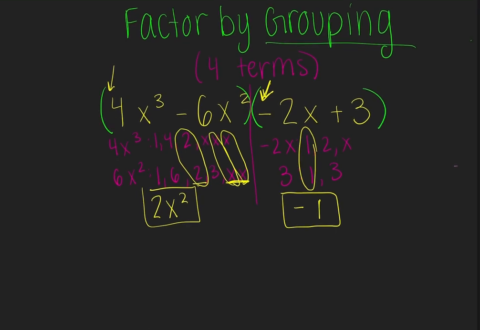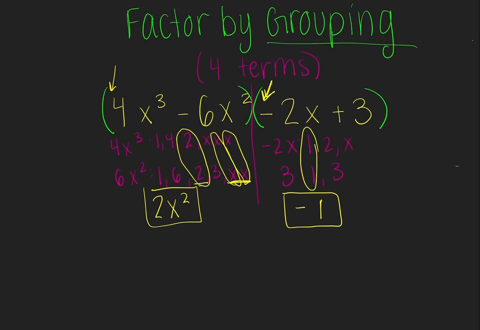Now, let's go ahead and take this 2x squared out of the first parenthesis. We're going to do that by dividing. So I'm going to write my 2x squared here, and write some parentheses, and let's divide. 4 divided by 2 is 2.